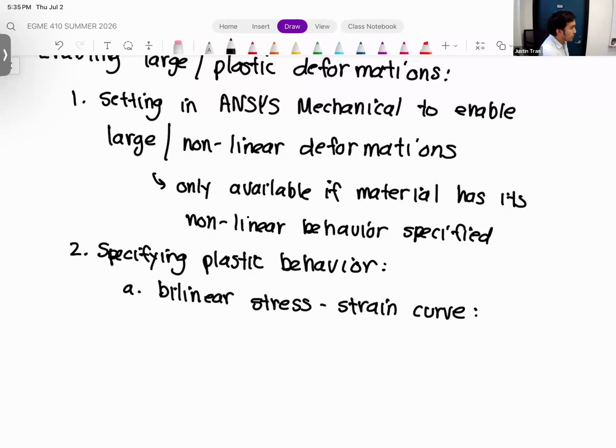Under the bilinear stress strain curve, we are basically assuming that the stress strain relationship is changing in the plastic region, but it's also still going to be a linear line.